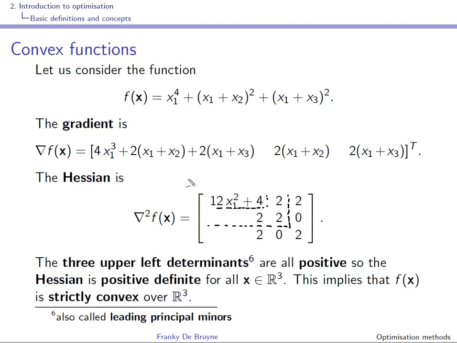We see here that the origin that makes the gradient 0 is a local minimum, but it's also the global minimum. It's kind of obvious from this function because we have a sum of squares and one term which is the fourth power. So this is always larger or equal to 0. So if the origin is a local minimum, it's also the global minimum.